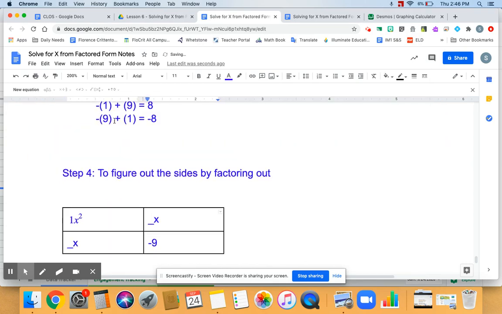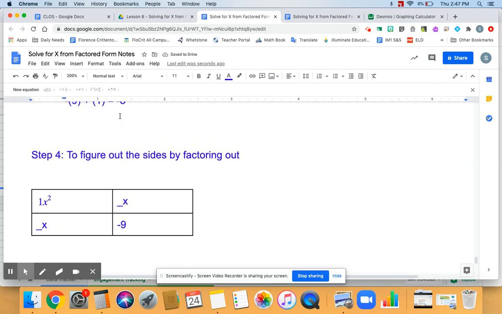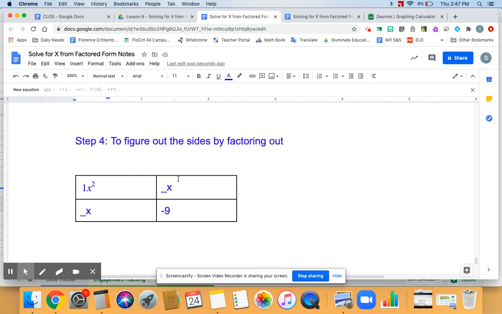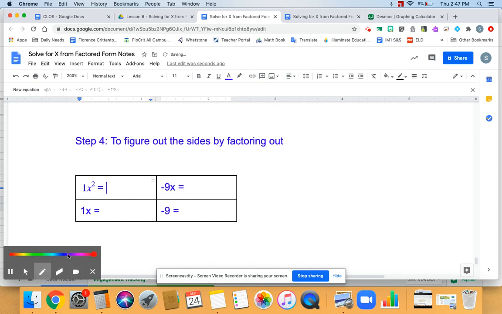So when we scroll down to our box, we have to put -9 somewhere and +1 somewhere. It doesn't matter which one we put where. Let's say I put the -9 here and then the +1 here. So if I were to break these apart into their factors, 1x squared just means you have an x times an x.